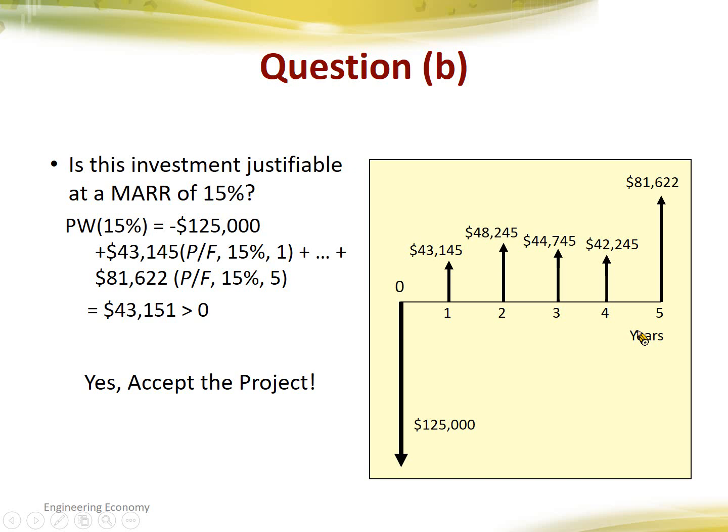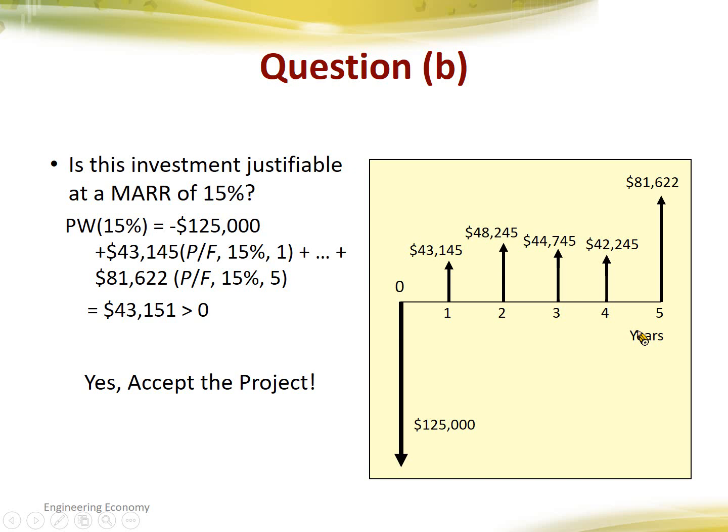But anyway, before doing simple investment, our question 2 is, if we assess this project based on the MARR, minimum attractive rate of return of 15%, will we accept this project or not? So the minimum attractive rate of return is 15%, and we compute its present worth based on 15%. This is the initial investment.